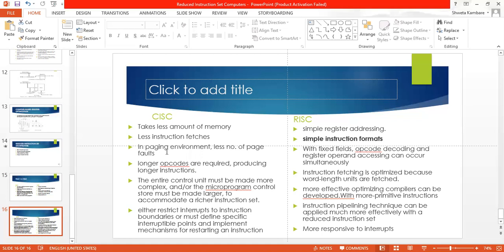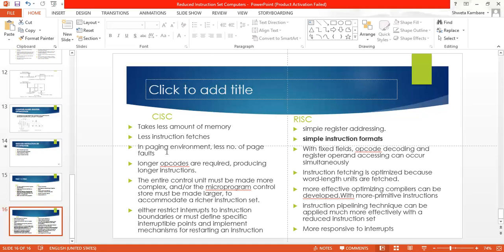Now when an interrupt occurs, what are you going to do? You can save the status of the current instruction and handle the interrupt that occurred, or you can ask the interrupt to wait and first complete the instruction execution, and then handle the interrupt. So there are these two options.